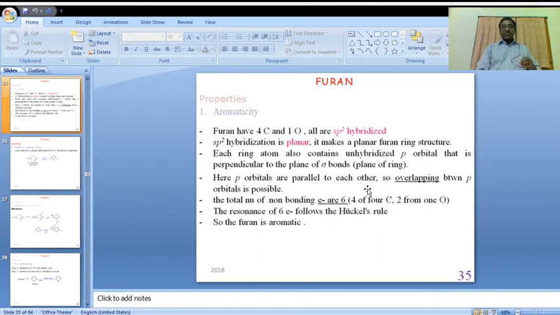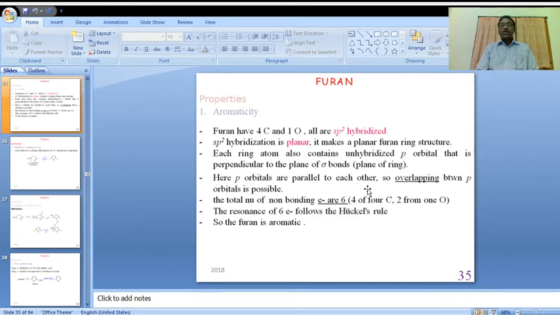In the structure, we have already observed the atom arrangement and orbital arrangement. Furan has 4 carbon atoms at 4 corners and 1 oxygen atom.